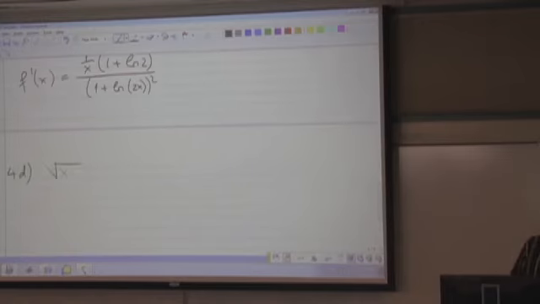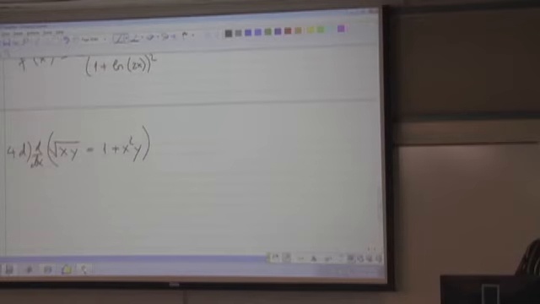We have the square root of xy is equal to 1 plus x squared times y. And we're supposed to find the derivative by implicit differentiation. So we take derivatives on both sides. What do we get on the left hand side?